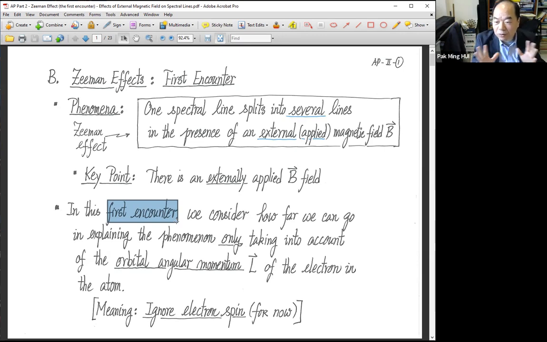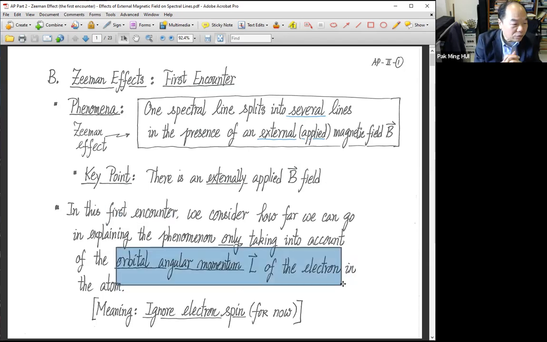For this part, don't worry about it. We don't consider the effect of spin yet, all right? So we will ignore spin. Therefore, what is left is the orbital angular momentum of the electron in the hydrogen atom. So all the effects here will be due to orbital angular momentum.